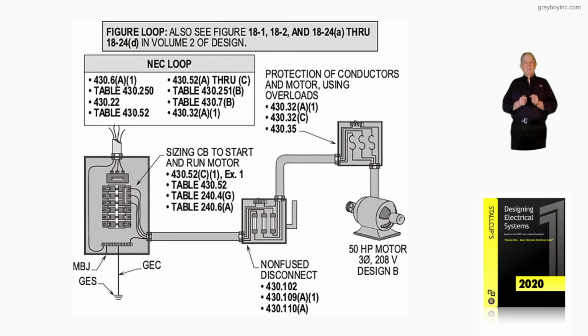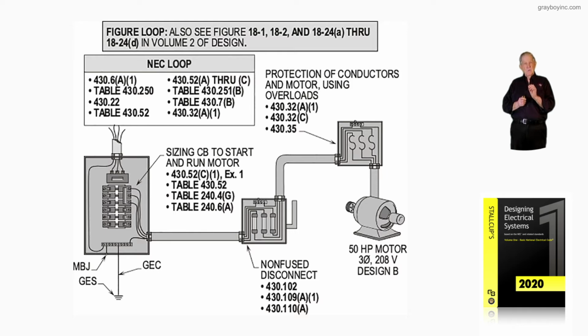So now anyone that sees the overcurrent device size greater than the ampacity of the conductor or the motor supplied, whether designers, contractors, electricians, or inspectors, they can go to table 240.4G and see if that particular load is listed there.